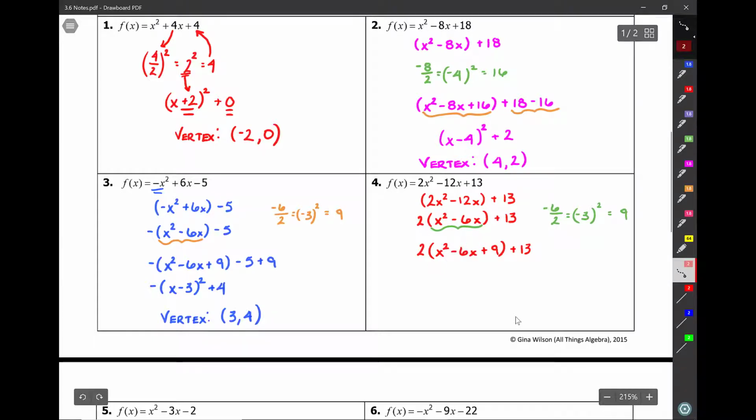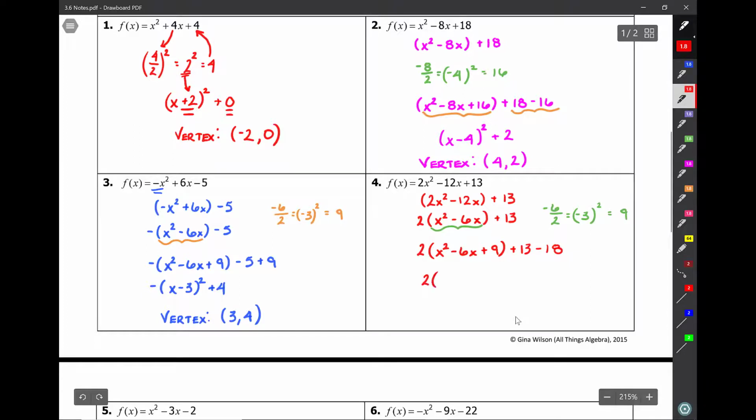So instead of adding 9 or subtracting 9 from the outside, I want to subtract 18, because what we're hoping to do is to make this term and this term go to 0, because we want to add 0. If we don't add 0, then we're changing the value of the function. The 2 distributes to the 9, making it a positive 18. Positive 18 minus 18 will in fact be 0.